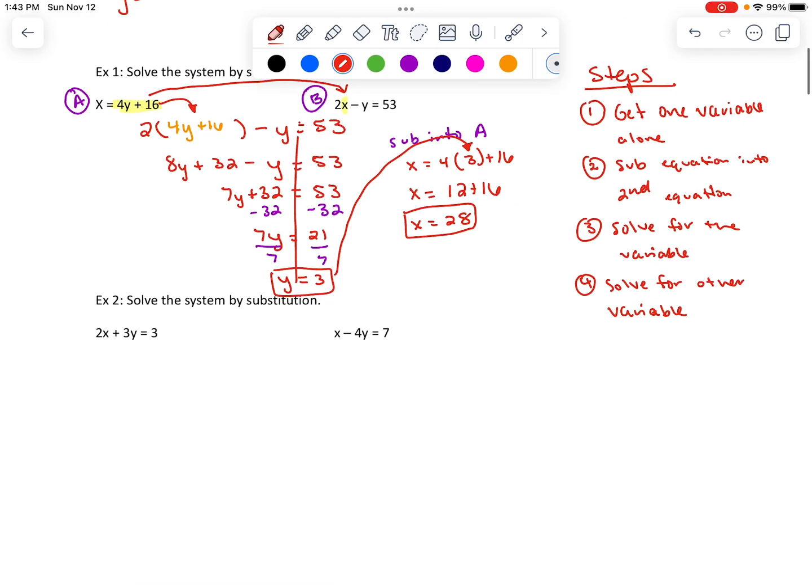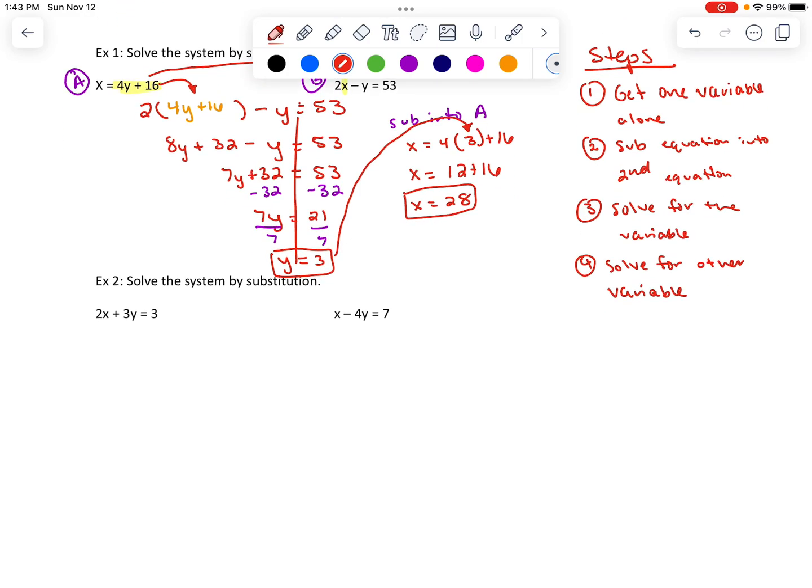So now let's look at example 2. On example 2, I don't have an equation where the variable's alone, so I have to do that first. Looking at all of my options, if I look at equation A, the x and the y both have a number, so those aren't ideal ones to solve for.